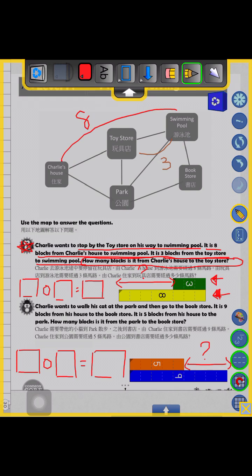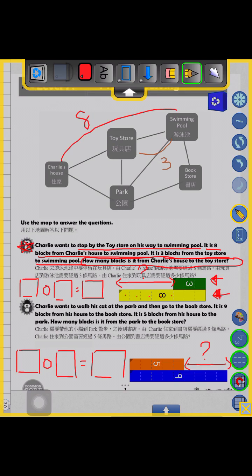And now we need to find how many blocks is it from Charlie's house to the toy store, which is the number of blocks within the arrows. Let's count together. 1, 2, 3, 4, 5. That means it is 5 blocks from Charlie's house to the toy store.